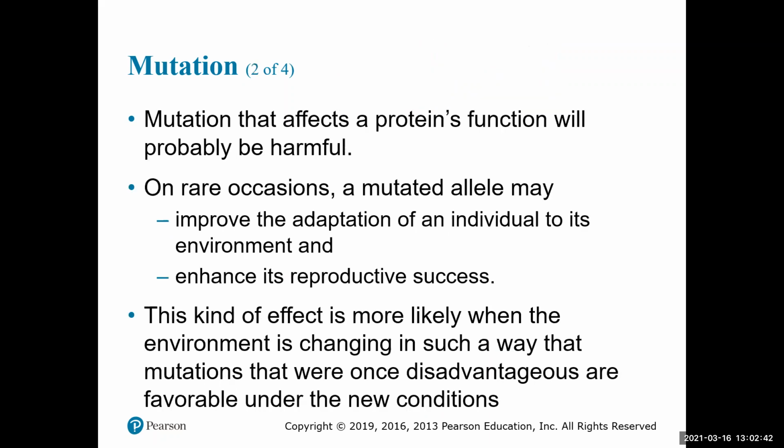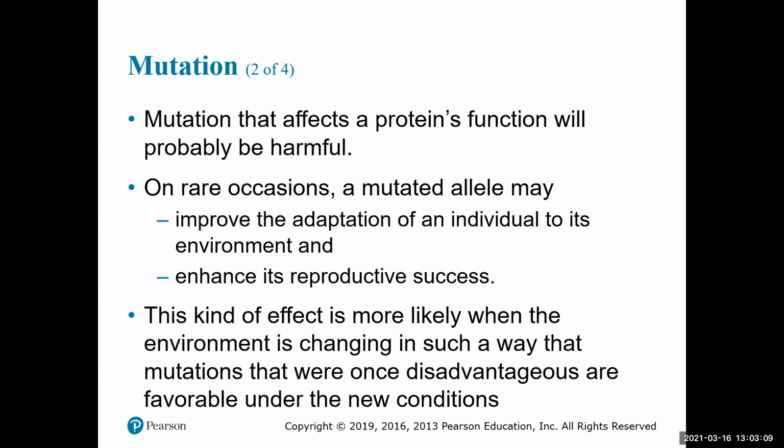Okay. And like I also mentioned, most of the time that mutation will be harmful or neutral, so no change. And on rare occasions, it can lead to a beneficial allele that is selected for and will be an evolutionary adaptation. It will increase survival rate and reproductive success.